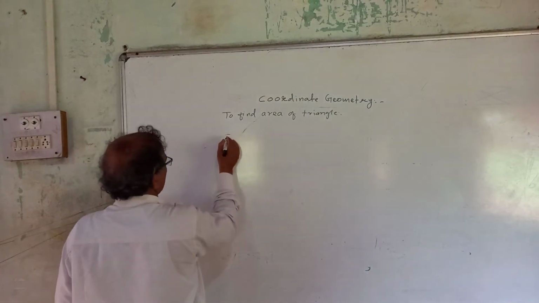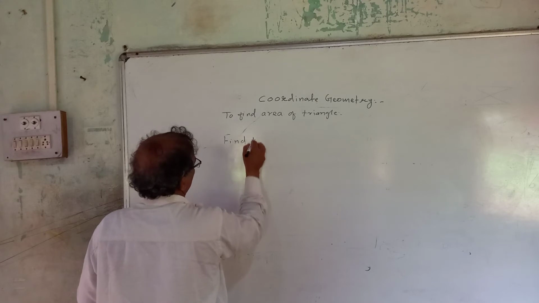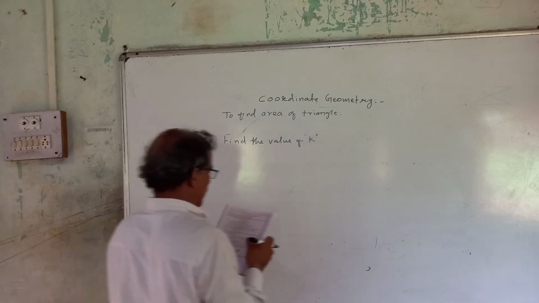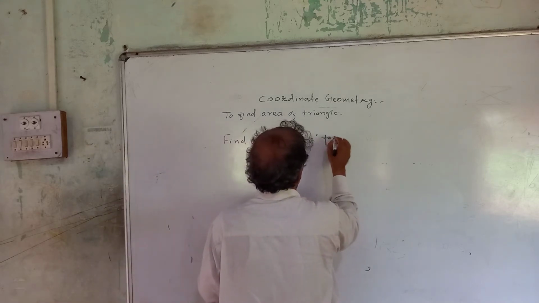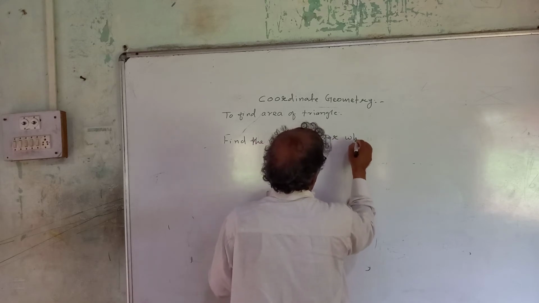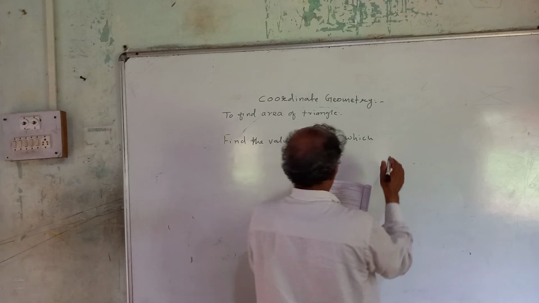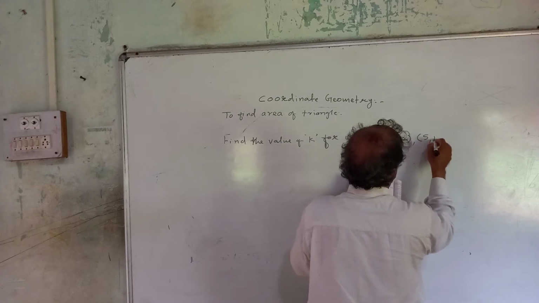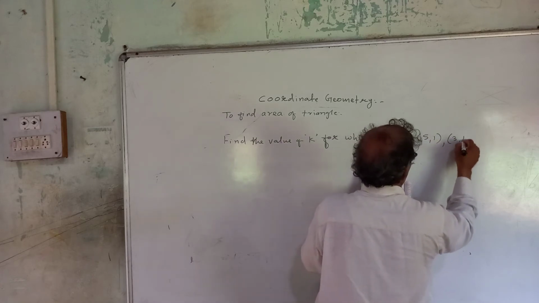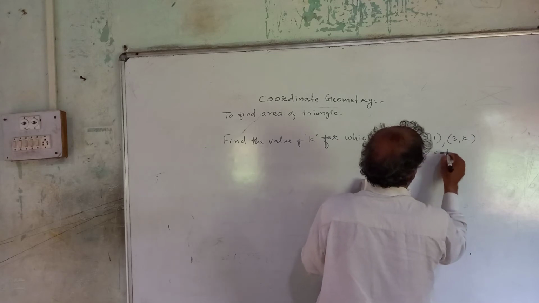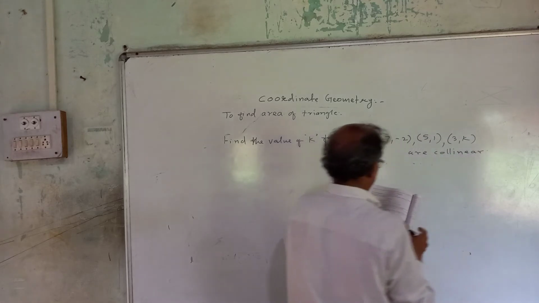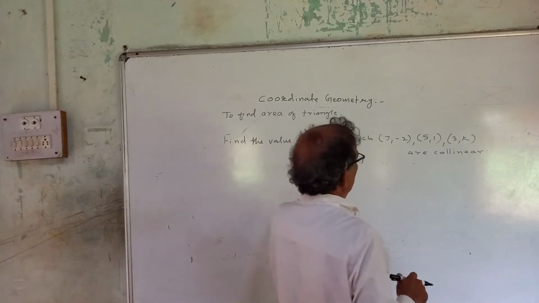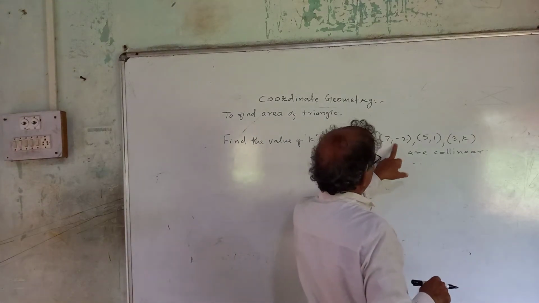Find the value of k for which 7 minus 2, 5, 1 and 3k are collinear. Find the value of k for which these three coordinates.